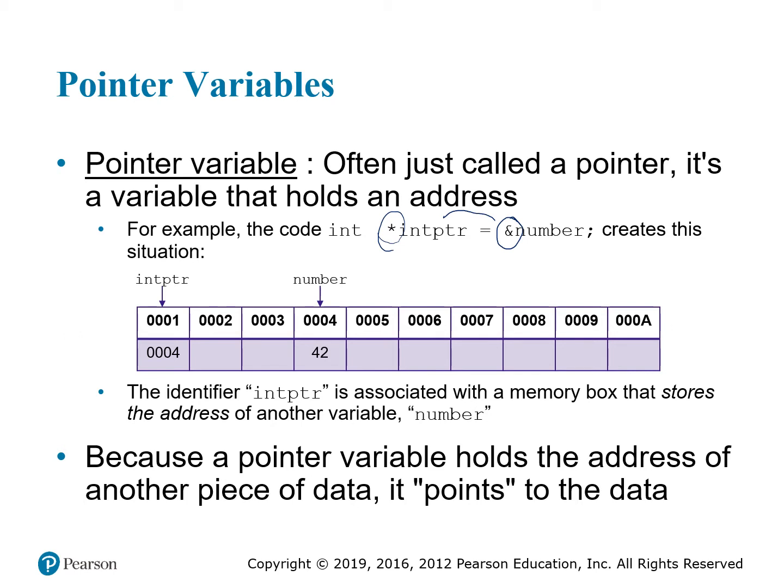Now, I want to draw an arrow. Int pointer is created at a different arbitrary memory location. In this case, it's 0001, but it holds the address of number.